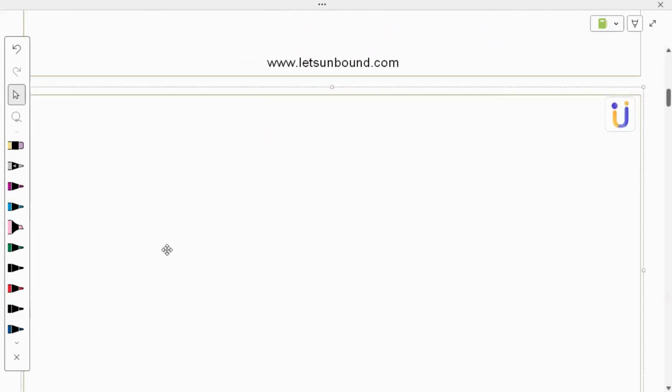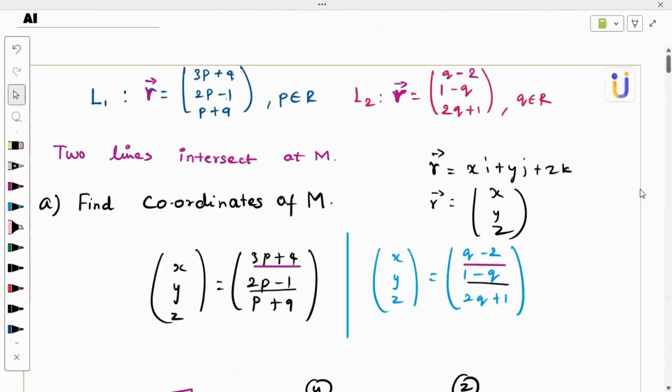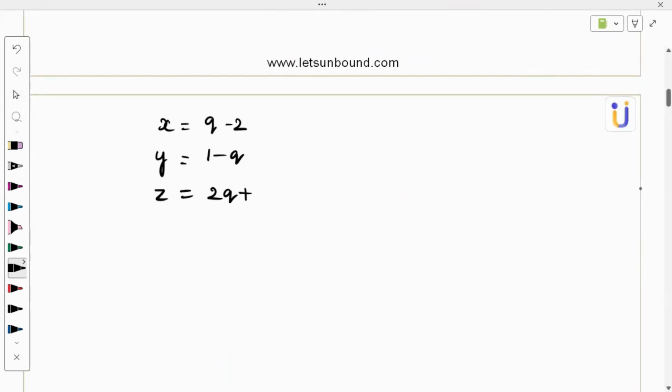Any of x, y, z you can take because it's the point of intersection, right? By any one of the components you can pick. The last one, this blue one, the L2 equation, seems to be fine, so I'm going to take it: q minus 2, 1 minus q, and then 2q plus 1. We know the values and we can just start substituting. 3.6 is what we got, right?